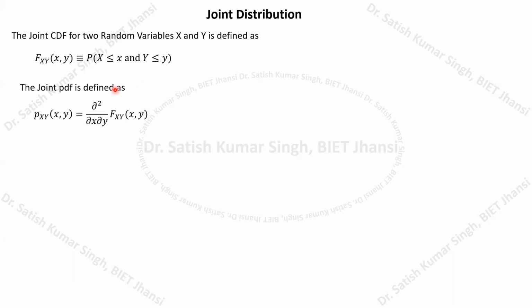Here, as we are having two random variables, while defining the joint PDF we have to take the derivative of the joint CDF with respect to both random variables x and y. So what does it mean to have this particular probability? We can understand that by seeing certain examples.